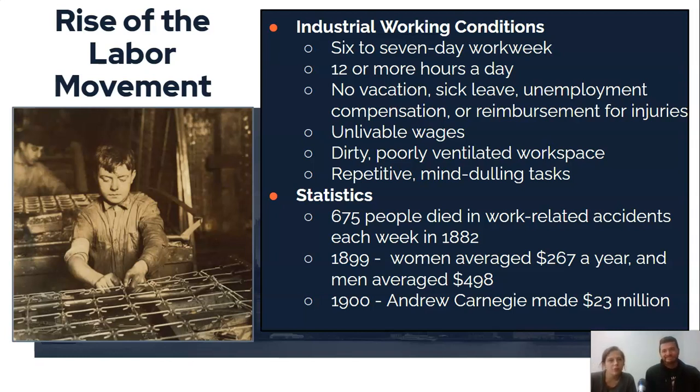There's no vacation, no sick time, no unemployment compensation, no reimbursement for injuries. Wages are barely livable, which means they barely make enough to feed their families or themselves or pay rent. Usually the conditions in the factories were dirty and poorly ventilated, which, if you've ever been in or around a factory, is not safe, and not up to any kind of code because there weren't any.